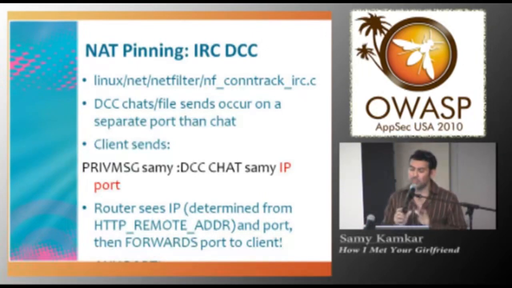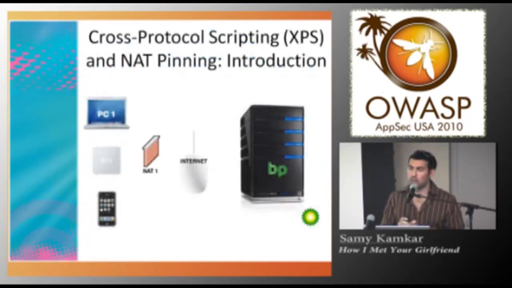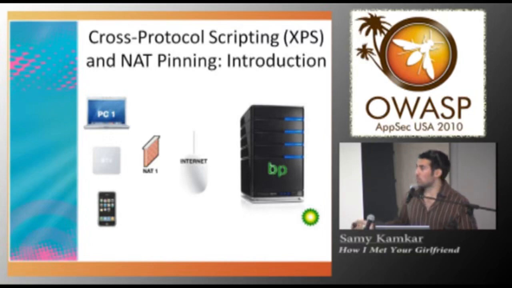It will see within the IRC message, oh, my client, PC1, wants some remote person to connect back on port 22 so that they can establish this DCC session. Well, I better open up port 22 and forward it right to this PC, because they obviously requested that from the web page they hit, even though they have no idea any of this is going on.